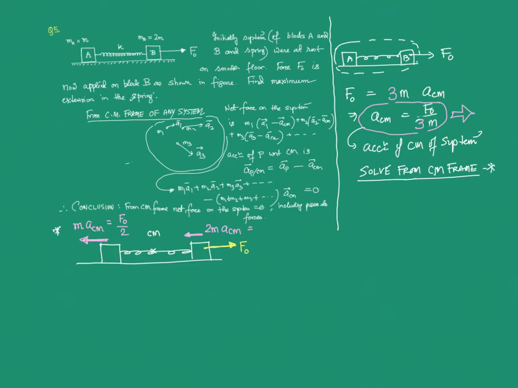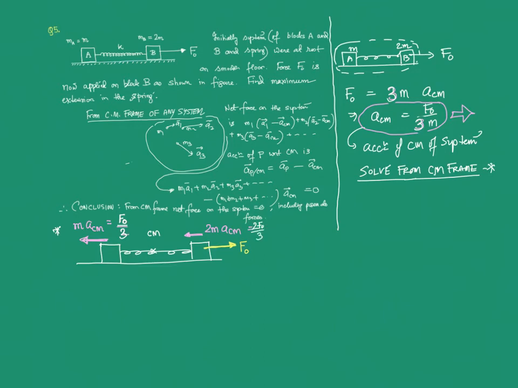Forget it. It's 3M because the total mass is M plus 2M. I missed out that. So that's not F naught by 2. That is F naught by 3 rather. There it is, F naught by 3, and for 2M, it is 2 F naught by 3.